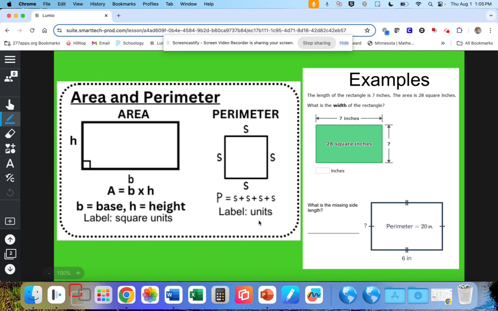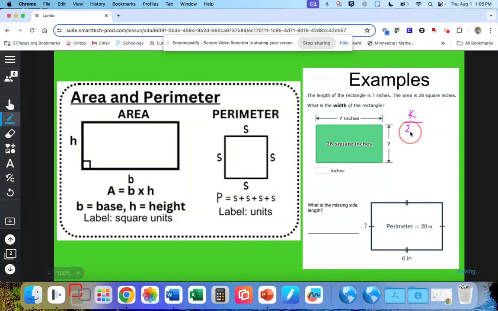Let's take a look at an example. Now these ones are getting a little step harder than the first couple units where we saw this information. So if we take a look at our first example here, we can write down some of our known information.